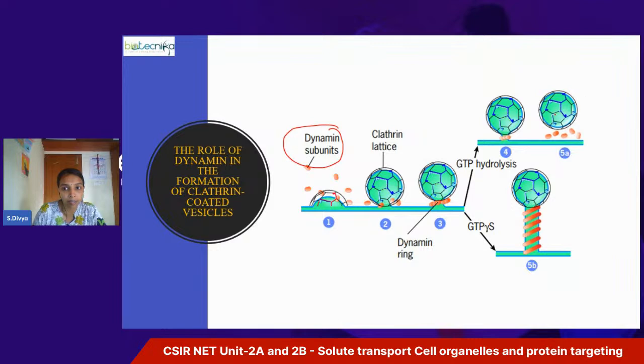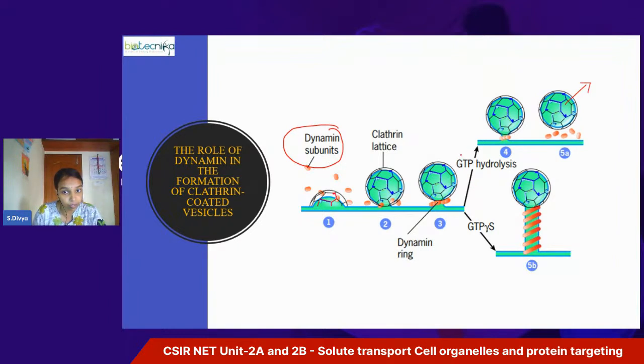This corresponding vesicles will be separated from the membrane and this leads to translocation. Means they will go and fuse with the membrane. I mean the contents will be released that will go and bind to the endosome. Endosome, because of the low pH, they will be helping in the dissociation. Okay, this is what the role of dynamin is.